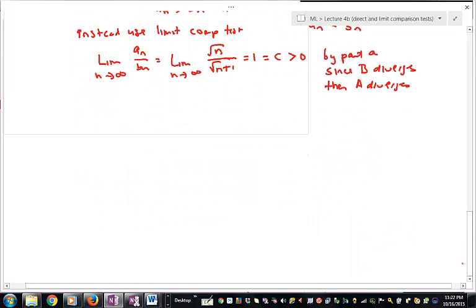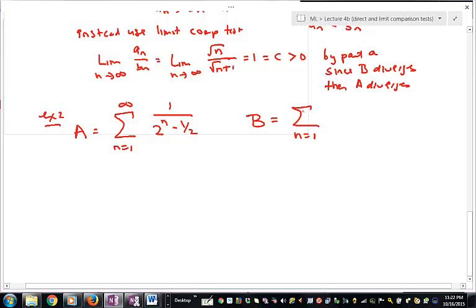Let's look at one involving geometric series. I haven't given you one of those yet, so let's call this example 2. So now let's let our A series be this. And of course, the obvious thing to compare it to is the geometric series where r is 1/2. So this will be our series we want to compare it to. And we know that this converges.